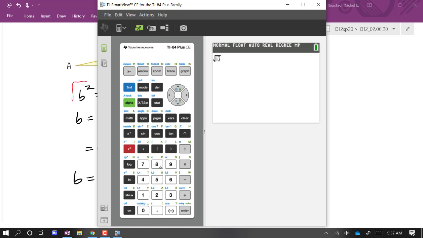Square root of 0.1672 squared plus 0.5143 squared minus 2 times 0.1672 times 0.5143 times cosine 128.3. That gives 0.6317.